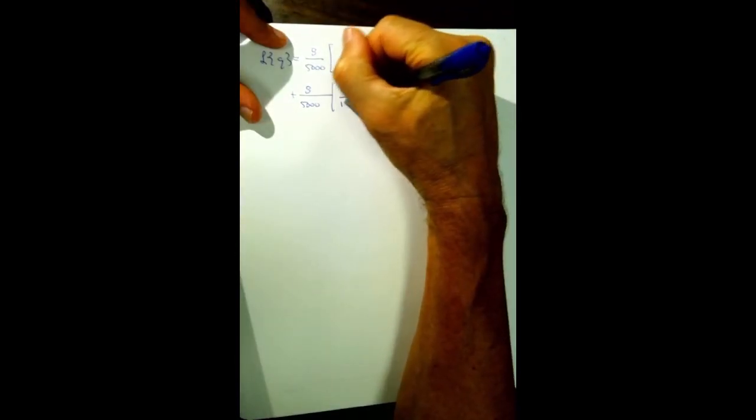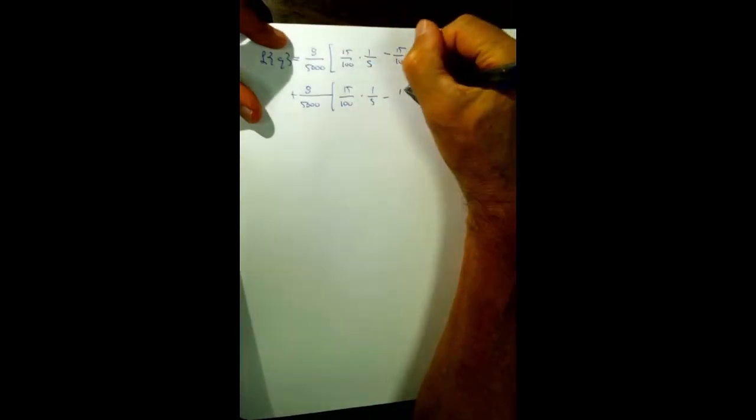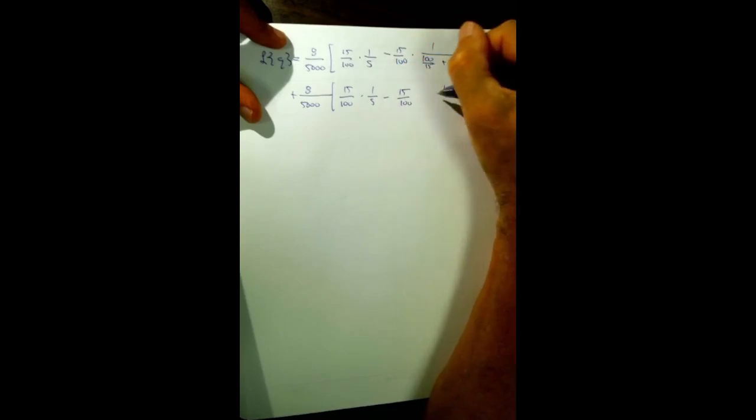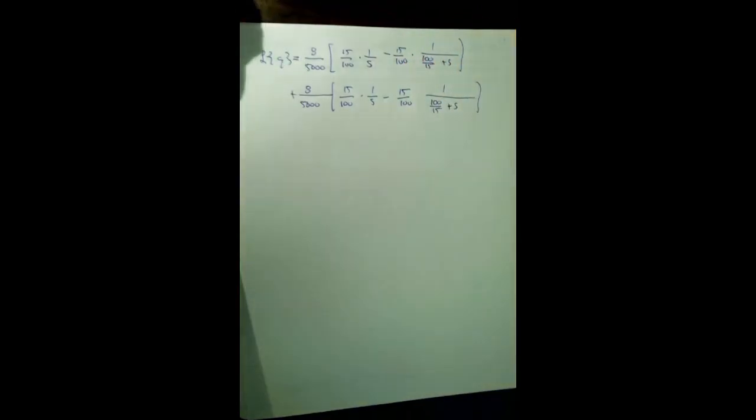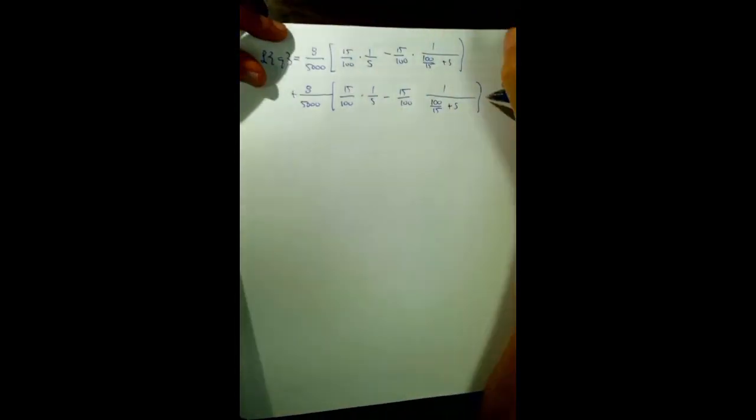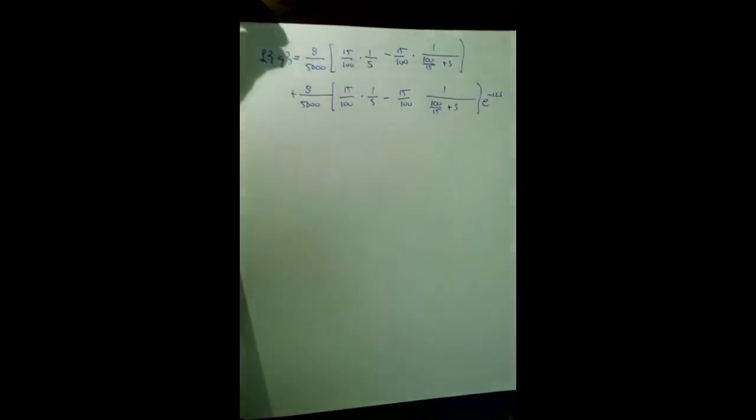So I get 15 over 100 times 1 over s minus 15 over 100 times 1 over 100 over 15 plus s. Oops, and I forgot the e to the minus 12s. Okay.